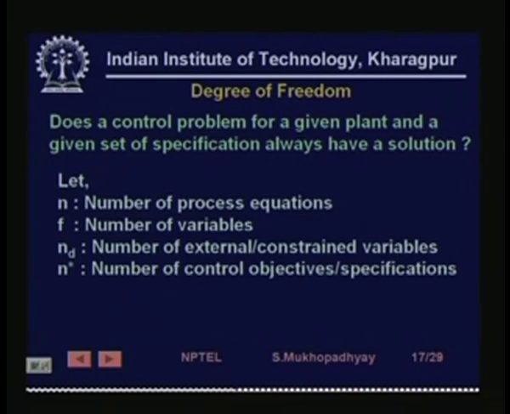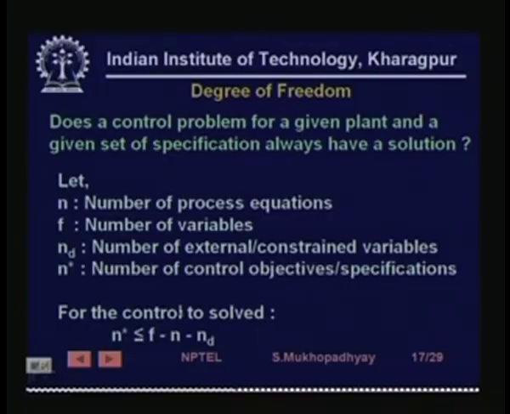Sometimes they are externally coming, just like I said, some flow of some feed. And if n star is the number of control objectives or specifications, typically we are talking of steady state objectives, so something should be maintained at this value constant. This is one control objective. So if you have n star such objectives, then the degrees of freedom is typically f minus n minus nd.